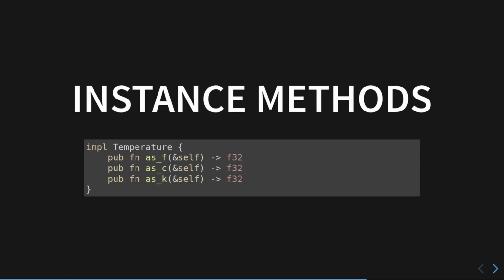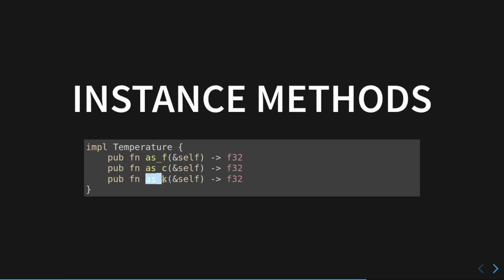The last thing that we need to do before we can say that our temperature data structure is really usable is we need to provide some instance methods. And here the syntax is a little bit different. These methods can only be called on a full instance of a temperature. So they're not just namespaced functions the way from K, from C, and from F are.